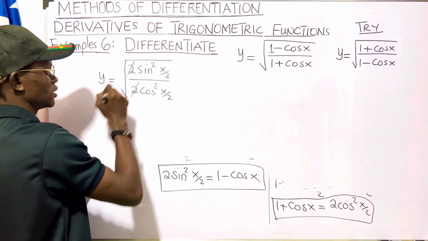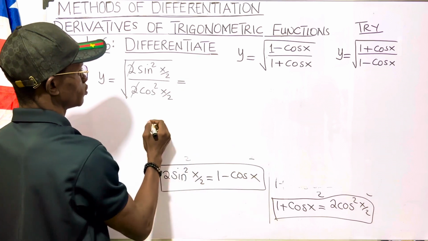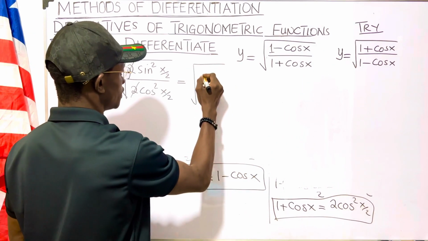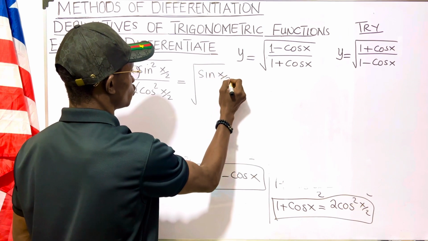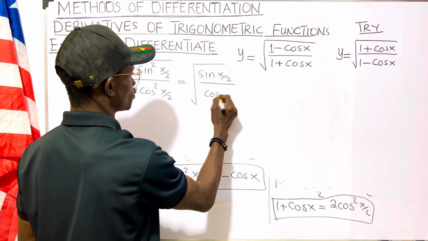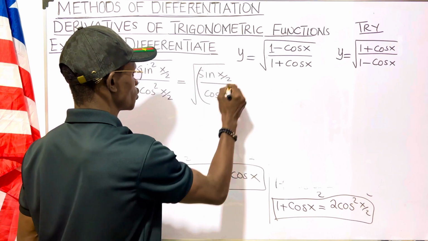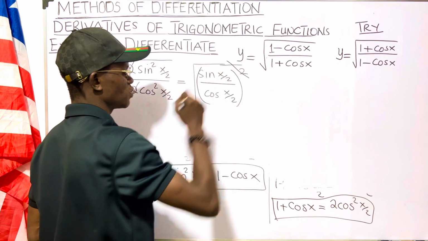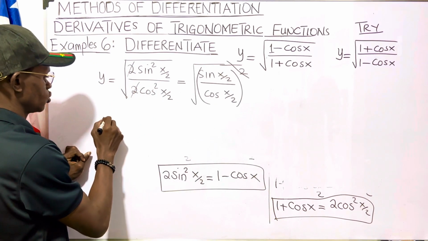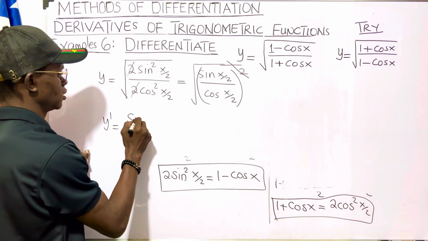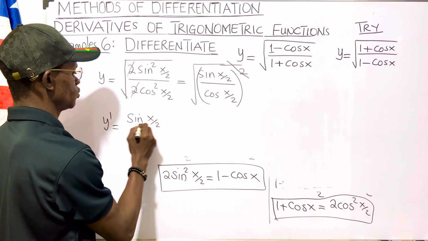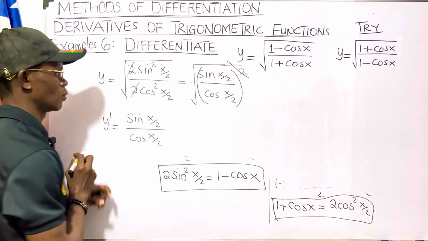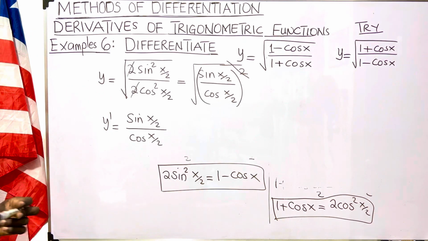So this 2 can cancel this 2. Because both of them are square, we can rewrite it as sin of x over 2 divided by cos of x over 2 all square. So this is a square root. The square root can cancel that too. So y now equals sin of x over 2 all over cos of x over 2. See how simple it is?